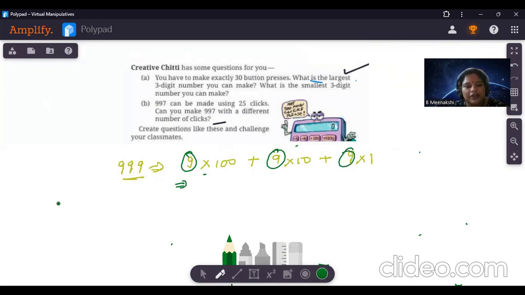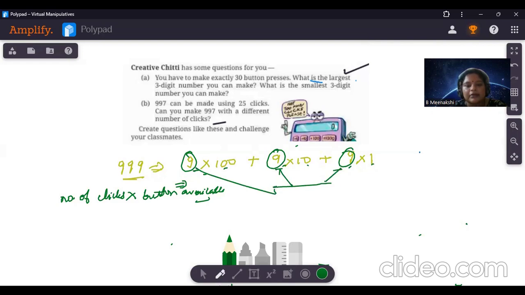So the expression is actually number of clicks into button available. Here it is number of clicks into 100, number of clicks into 10, number of clicks into 1. So how do we find out the total number of clicks? We are going to add these three. 9 plus 9 plus 9. It is 27 clicks.